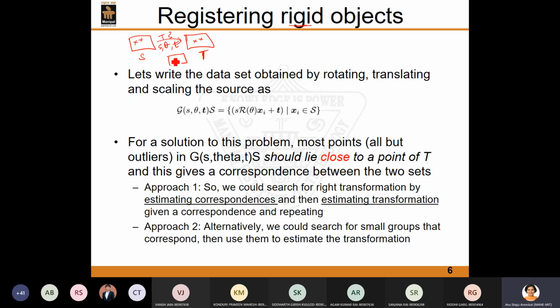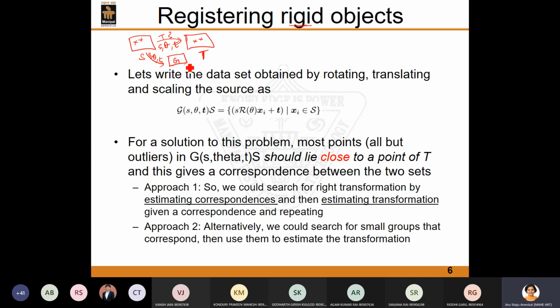I'm going to assume an intermediate set G. In this G, I'm assuming that if I apply the scaling operation, the rotation operation, and the translation operation on the source image, I get the transformed image G.